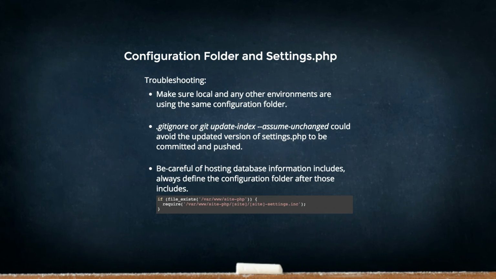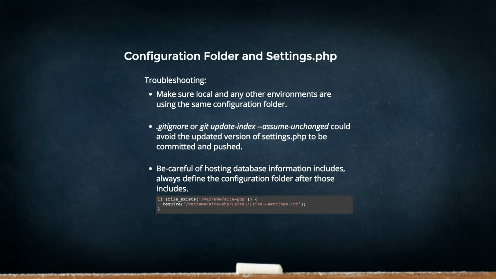If you don't track it, you're never going to see your changes on the dev environment, and that's for all the team. So the same settings.php that is on dev has to be the same that the rest of the team is using, so the configuration directory is the same.